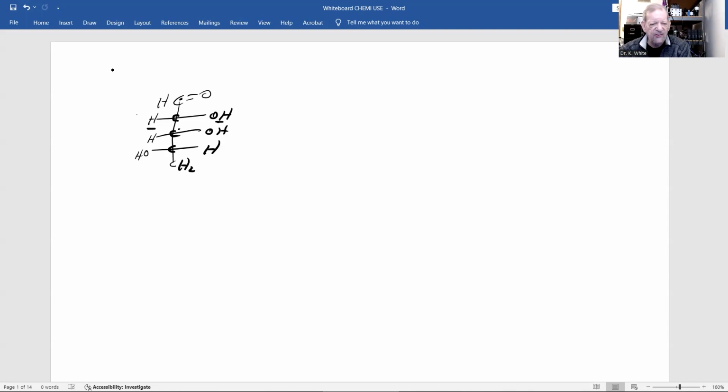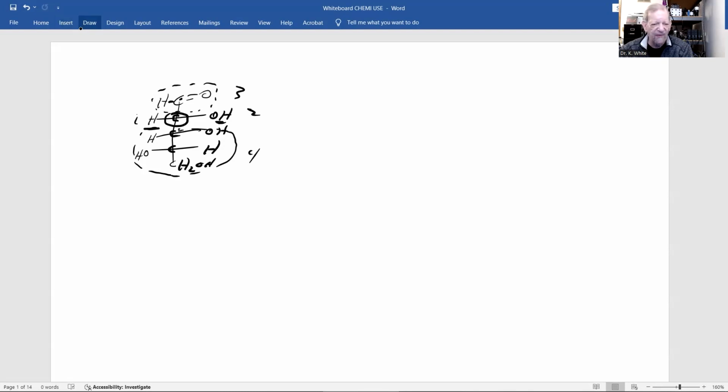If you notice, this carbon right here has a hydrogen, an OH group, an aldehyde, and these 3 carbons with hydroxyl groups. So that would have 1, 2, 3, 4 carbons, and that would be chiral.